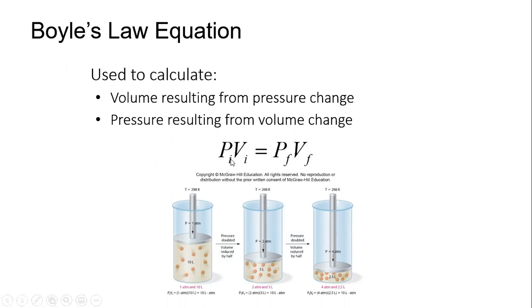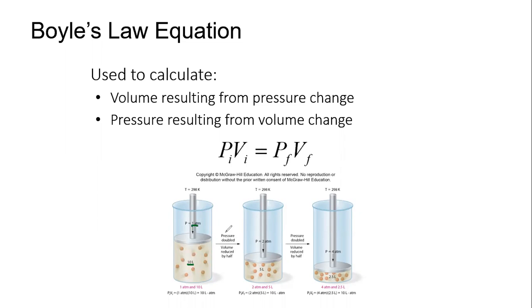And so down here in the cartoon, what you're seeing is that initially we're at 1 atmosphere and 10 liters. And by the way, the orange color inside the cylinder represents constant temperature, and the number of spheres represents constant moles.